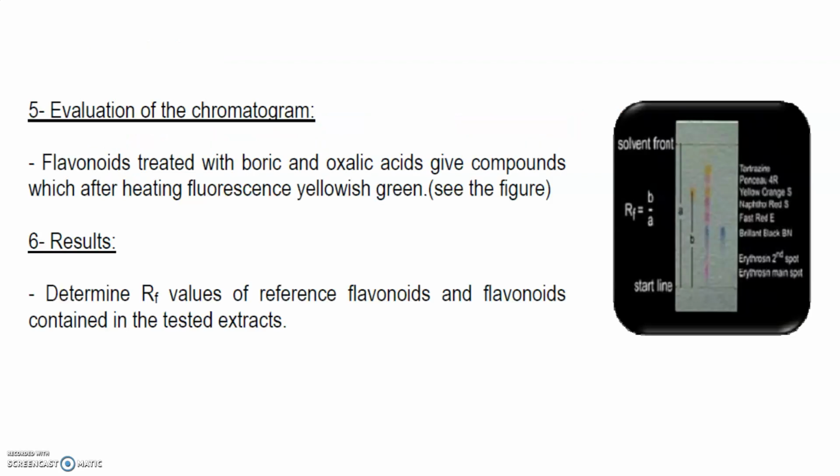So you can see the evaluation of the chromatogram. This is the chromatogram. Flavonoids treated with boric acid and oxalic acid give compounds which, after heating, fluoresce yellowish green. And you can see this is the TLC plate. There is a spot. This is the solvent, and this is the height.